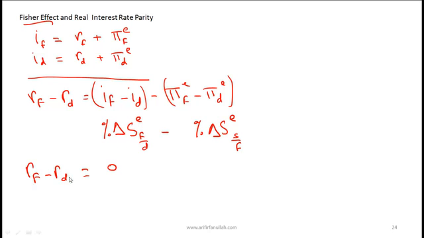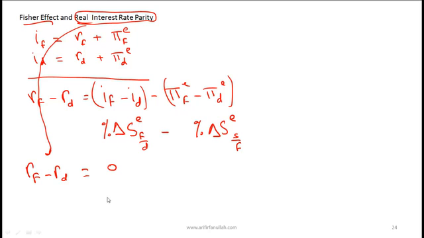And this is known as the real interest rate parity condition. So the real interest rate parity condition is this, which effectively says that real interest rates are the same in both the foreign and the domestic currency. So if this holds, so if this is 0, we can then say something else. We can also then say that the interest rate differential is equal to the inflation differential.